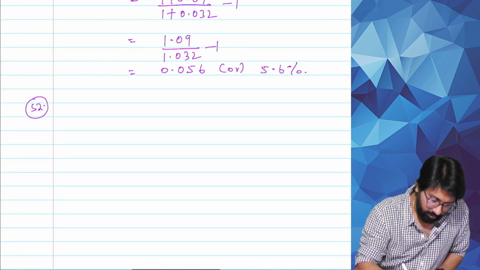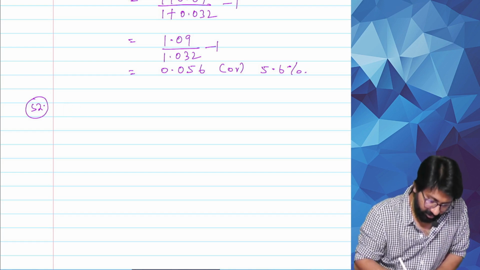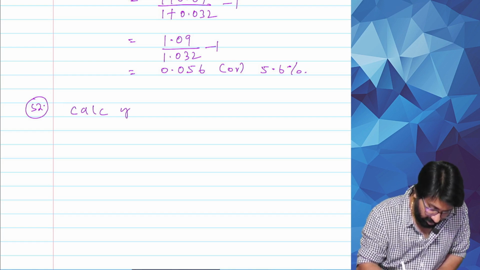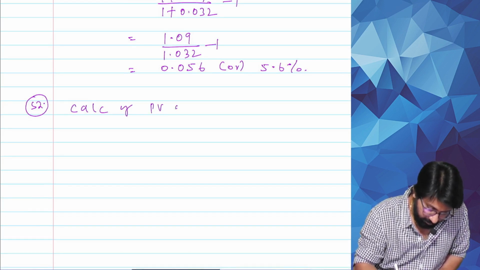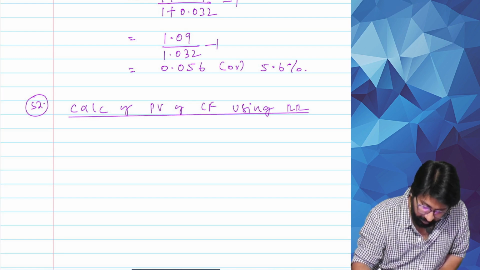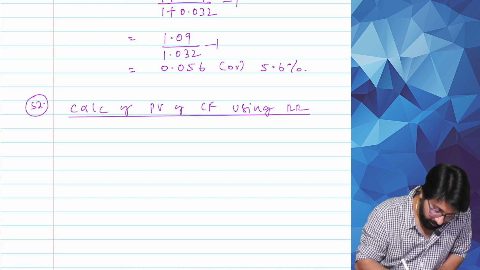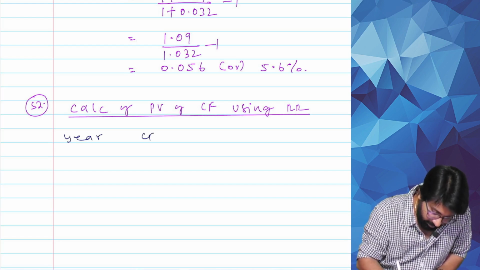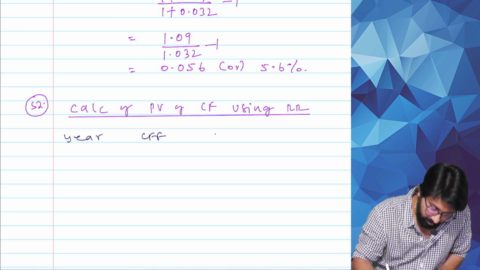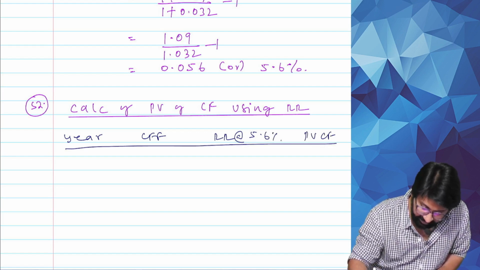Keep the heading. Two alternatives are there for doing this. I will show you both. First listen. Write down: calculation of present value of cash flow using real rate. Here, cash flow at the real rate of 5.6%, PVCF.